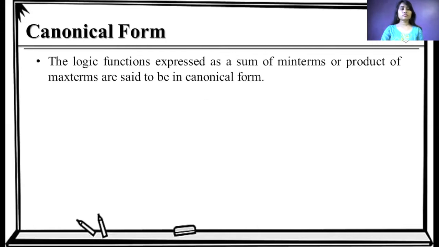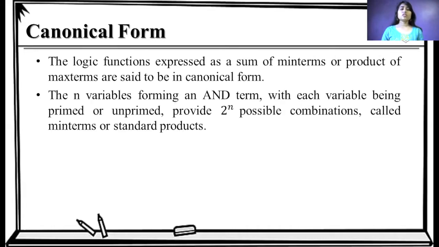Canonical form: a logic function expressed as a sum of minterms or a product of maxterms is said to be in canonical form. The n variables forming an AND term, with each variable being primed or unprimed. Prime means that we represent the variable in complemented or inverted form, for example x dash, y dash, z dash.